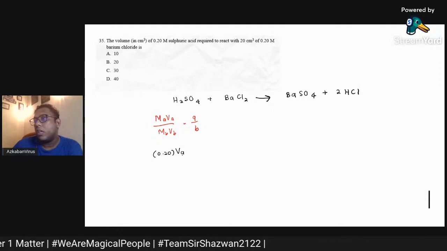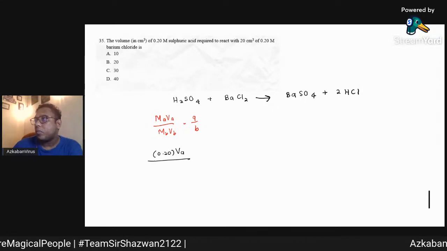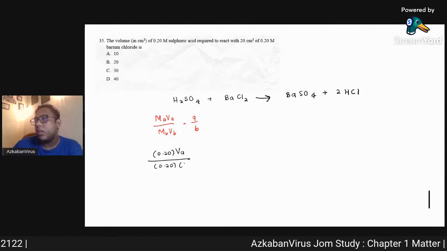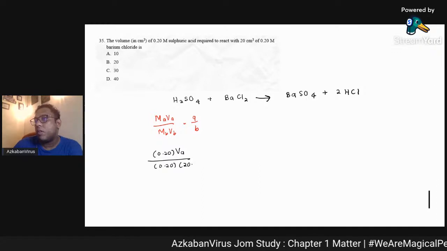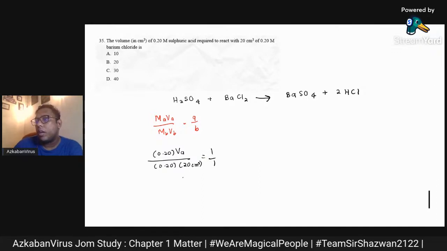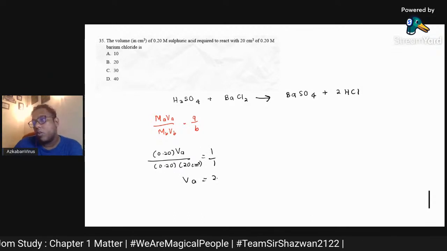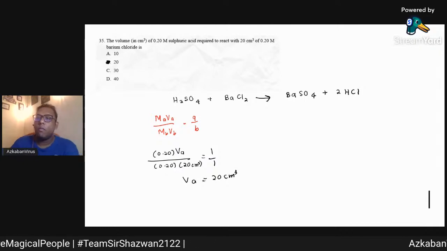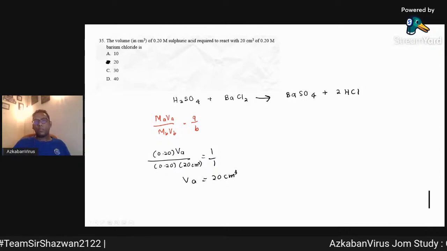VA kita nak cari. Bahagi MB VB kita adalah 0.2, 20 cm3. Itu 1/1, dia akan dapat VA is equal to 20 cm3. Jawapan dia adalah B.